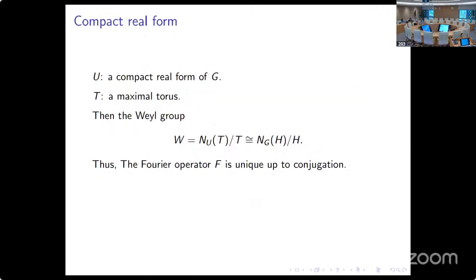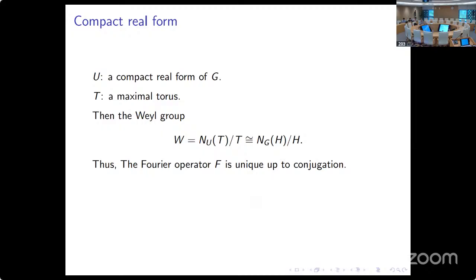Okay, for the compact group, it's easy because we have the maximal torus, and then the Weyl group is just the normalizer over the centralizer, which is just the maximal torus. In that case, the Fourier operator is defined uniquely up to conjugation.